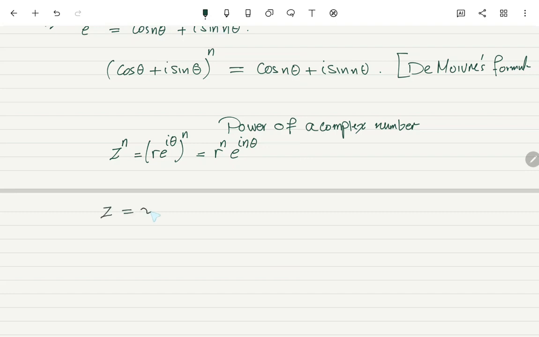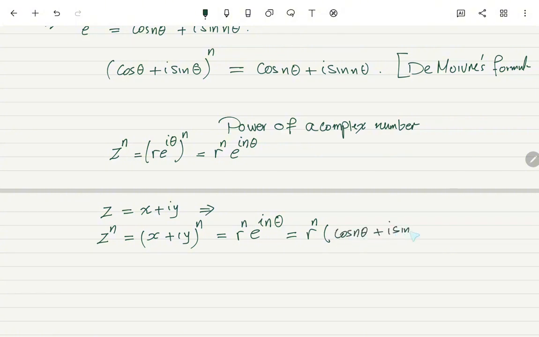And if z is x plus iy, then z to the power n equals (x plus iy) to the power n, or equal to r to the power n e to the i n theta, which equals r to the power n, and we should use here De Moivre's formula, times (cosine n theta plus i sine n theta).